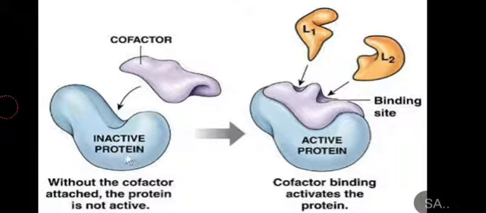It cannot bind the substrates because its geometrical shape is slightly different from the substrate's geometrical shape. Here, the cofactor is going to attach with this inactive protein, and then it will make it the active protein. The active protein now can bind the substrate at its binding site. So this is how they can catalyze the reaction with the help of cofactors as well.